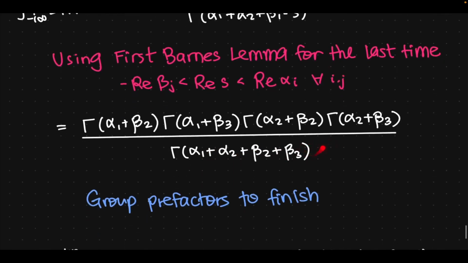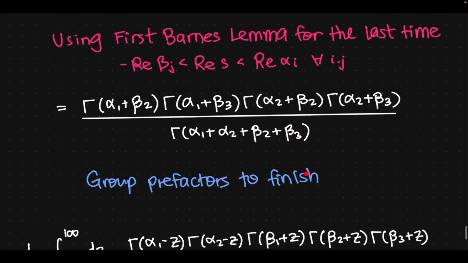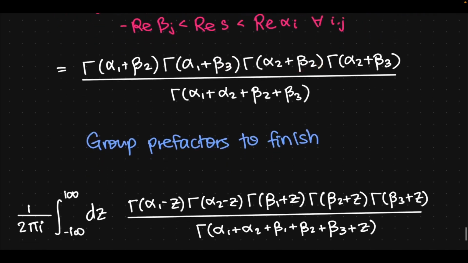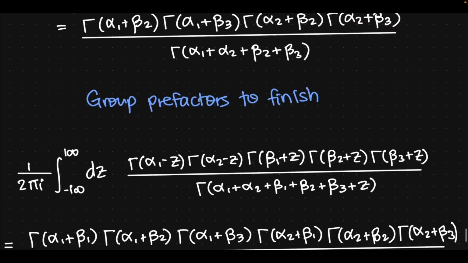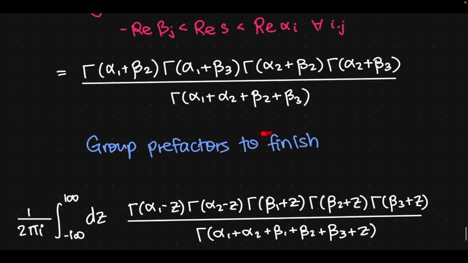So you see there's additional prefactors now, and we're going to need to regroup them in this step. So the prefactors are the gamma of alpha 1 plus beta 2, gamma of alpha 1 plus beta 3, and the gamma of alpha 2 plus beta 2, and the gamma of alpha 2 plus beta 3, along with the gamma of alpha 1 plus alpha 2 plus beta 2 plus beta 3.